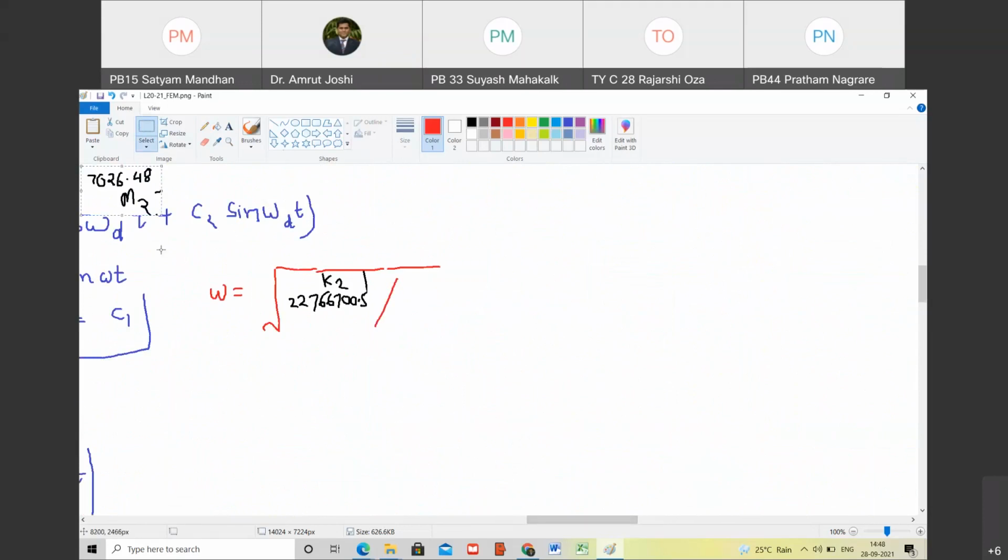Can you do this calculation? Just do 227,667,00.5 divided by 7026.48 और उसका square root and tell me the value of omega. 227,667,00.5 divided by 7026.4.